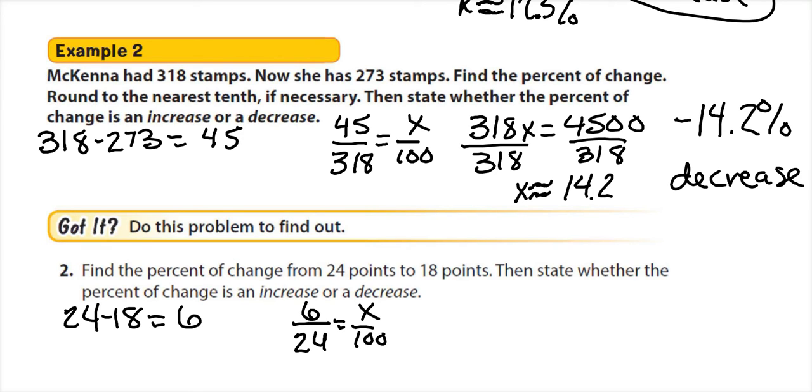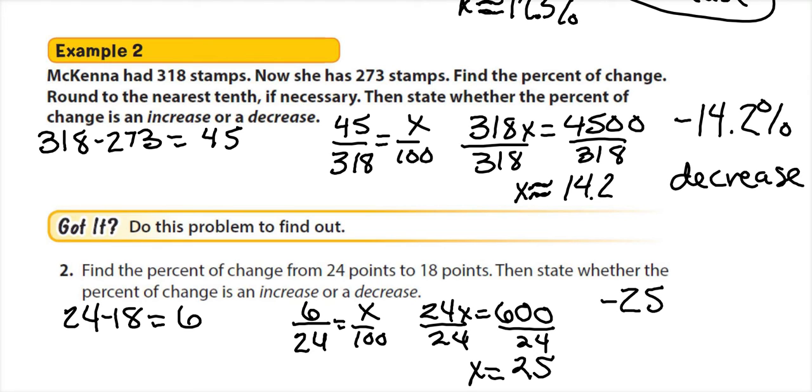So that would be 24x equals 600. Divide that by 24, and we should come up to 25. Now we had a decrease this time, so that would make it negative 25%. And then we have to say that it was decreasing.